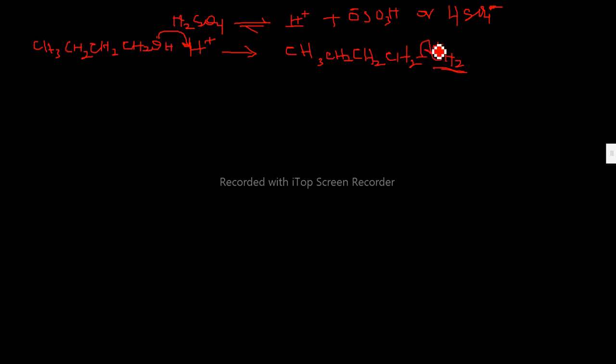Loss of a water molecule forms a primary carbocation, which is CH3CH2CH2CH2 plus on the carbon atom. Now this is a primary carbocation.